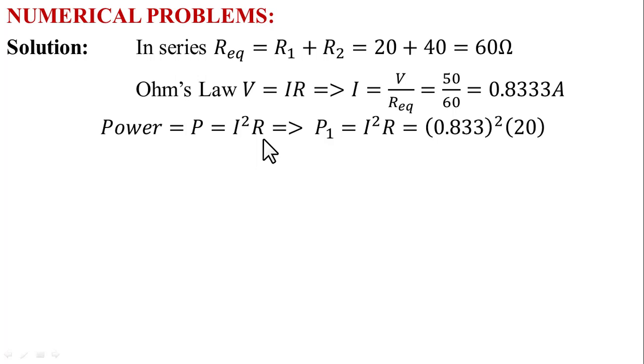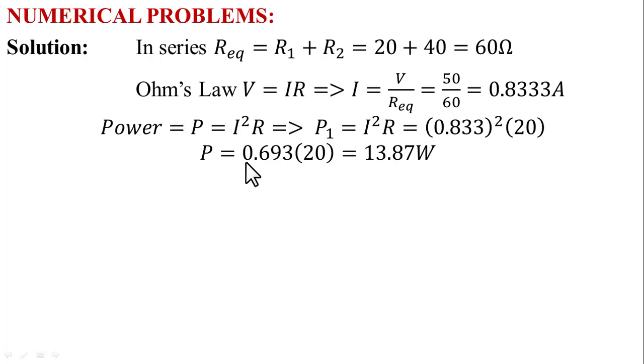So we can find the power P1 is equal to I square R1. So the value of power P1 is equal to 0.833 whole square multiplied by 20. Now taking the square of 0.833, then multiply by 20.